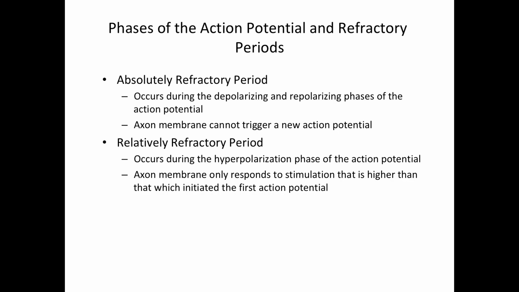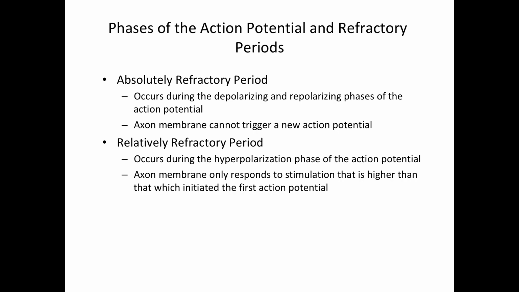Okay, so there are two phases that are really important during an action potential. When the axon membrane is stimulated during the depolarization or hyperpolarization phase of the action potential, it does not respond to a new action potential. This is because the sodium gates are insensitive during this period. Whenever an action potential is happening, a new one cannot be induced.